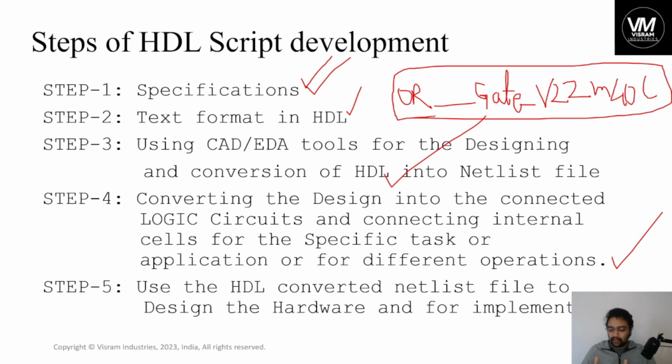Whether you are using a 4-bit bus, 8-bit bus, 16-bit bus or 32-bit bus, there are different sizes of the address bus or data bus. So you need to mention that, right? That kind of declaration and definition is done in synthesis.